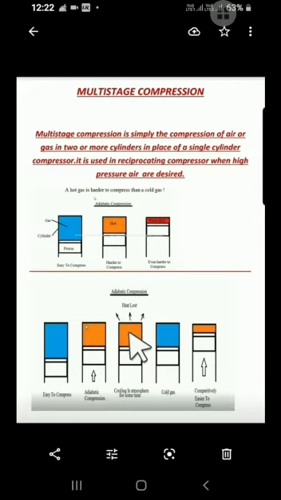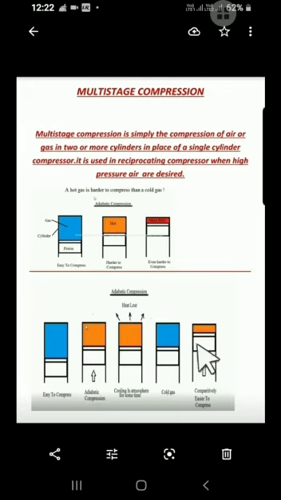And this hot air gets cooled down, and this cool air is further compressed up to some extent or up to the desired pressure which we want. So, a less amount of work is required to compress from this state to this state.